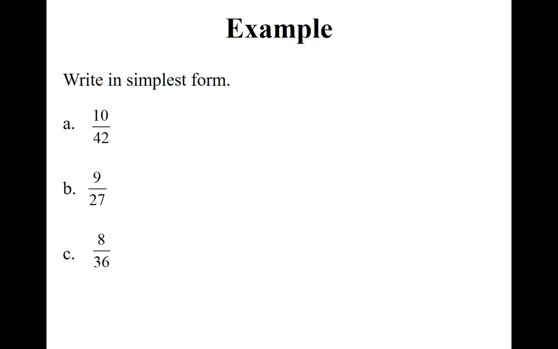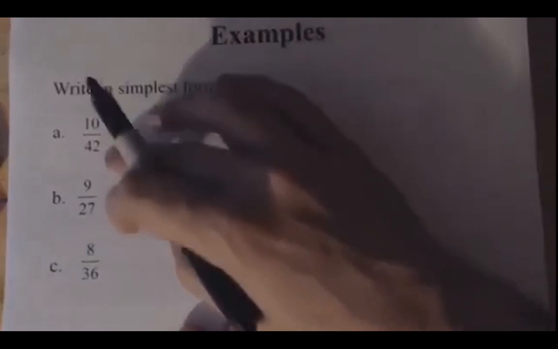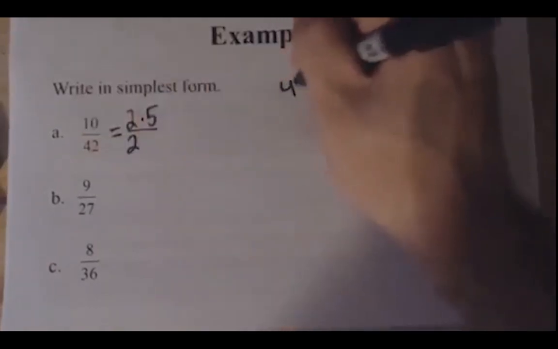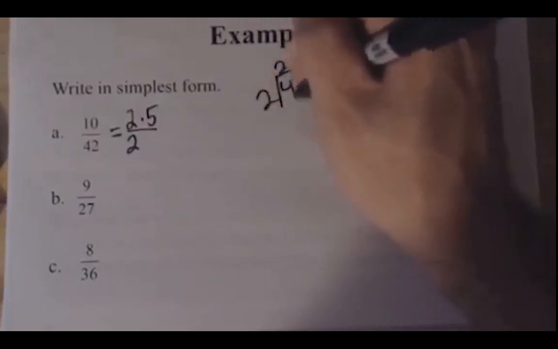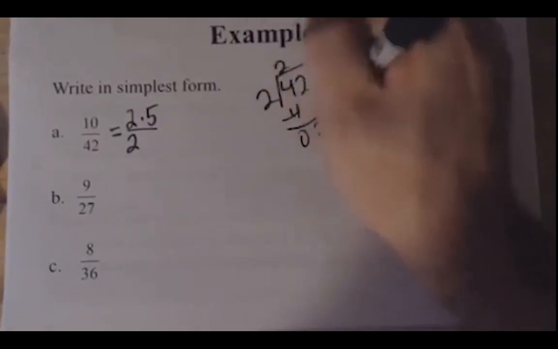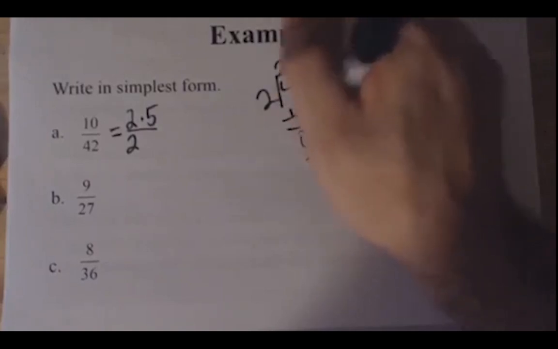How do we get simplest form? We look for a number that we can divide both the top and the bottom by. So try to think of a number that these have in common. They're both even, so they're both divisible by 2. 10 is 2 times 5. 42, if we divide that by 2, we get 21.